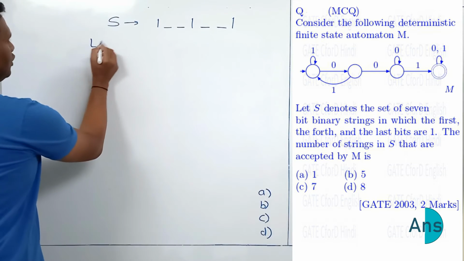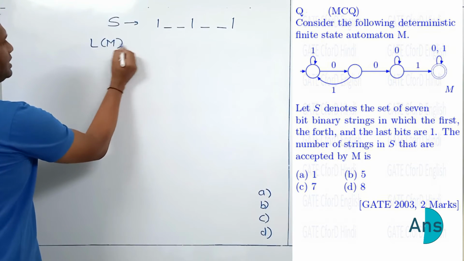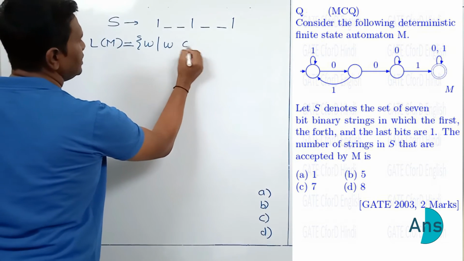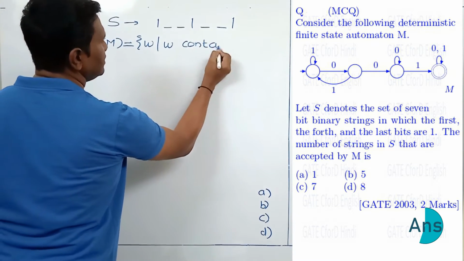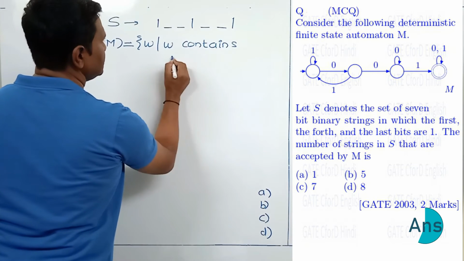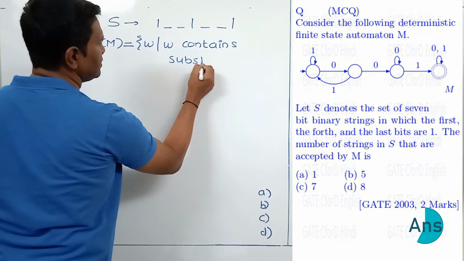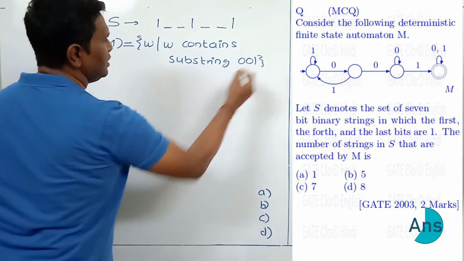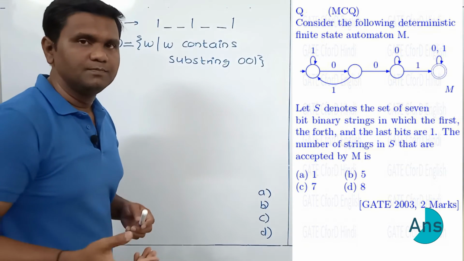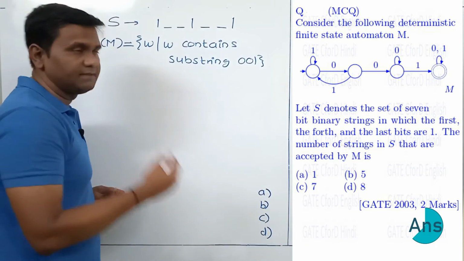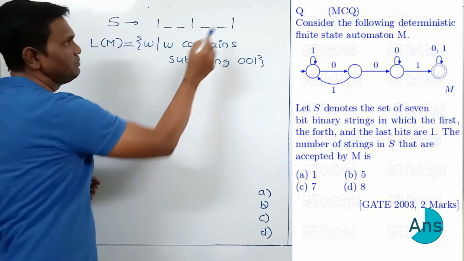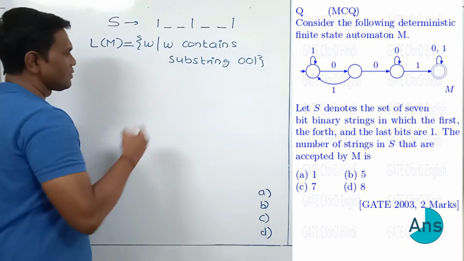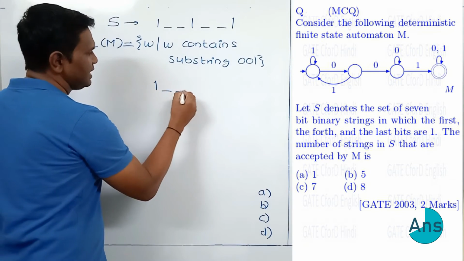So the language of the given DFA M is W such that W contains substring 001. So we have to find all strings of length 7 where the first, fourth and seventh bits are 1 and which also contain substring 001. So one possibility is like this.